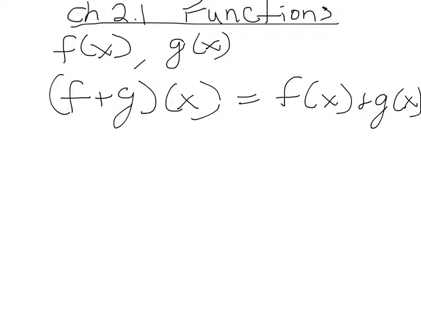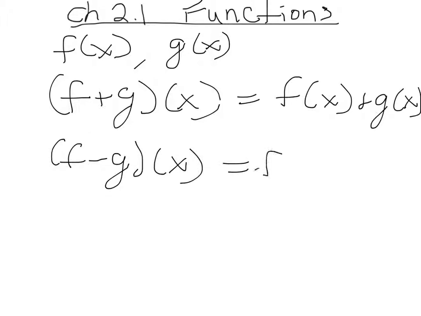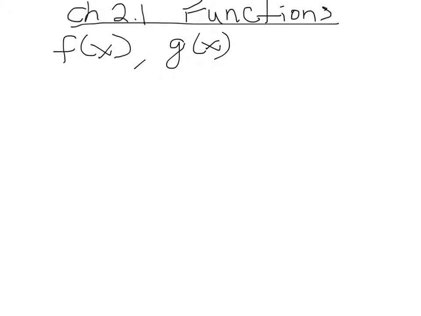Now the next one would be f minus g of x. That's the same thing as f of x minus g of x, so you just subtract the two functions. It's really simple, but you just have to know that that's what that format means. The next format would be multiplying them.